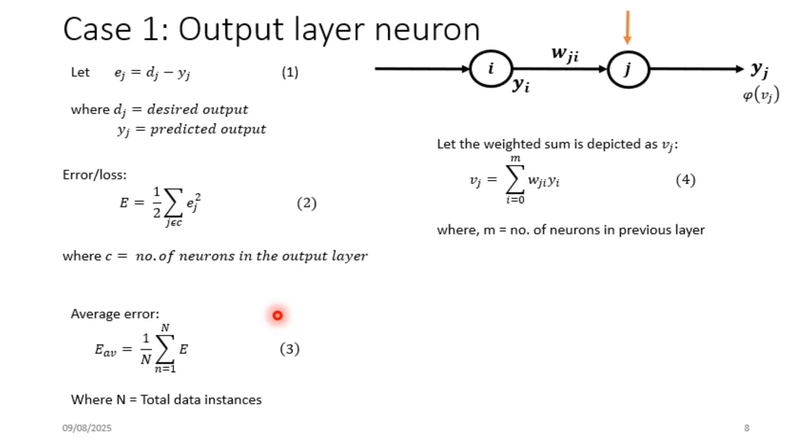We depict the weighted sum as Vj, which is the summation of Wji Yi, where M is the total number of neurons in the hidden layer. We can write the output Yj as phi of Vj, where phi represents an activation function.